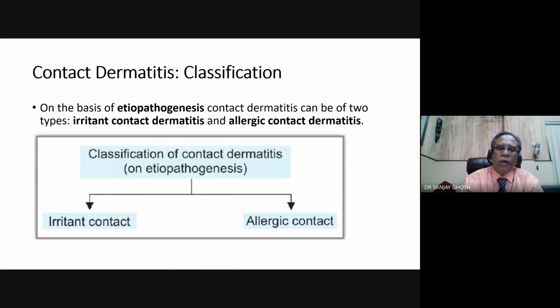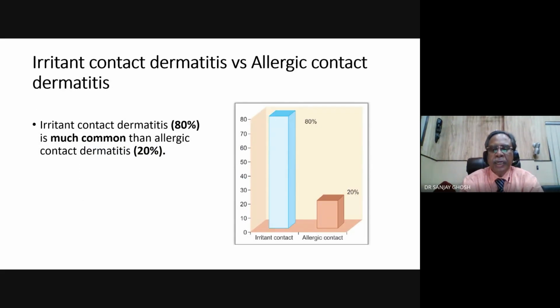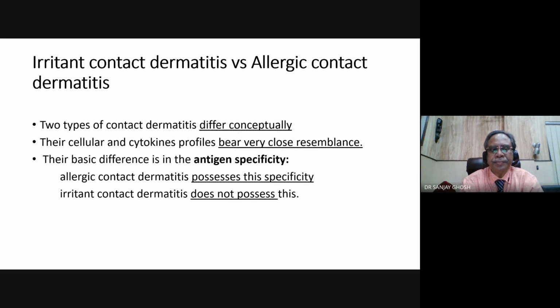Again, you all know that contact dermatitis, on etiopathogenesis, we can divide into irritant contact and allergic contact. Contrary to common belief, 80% of contact dermatitis is irritant, which is much commoner than the allergic contact. So whenever we diagnose contact dermatitis, we should think of irritant contact, not necessarily that the patient has allergy to that particular product.